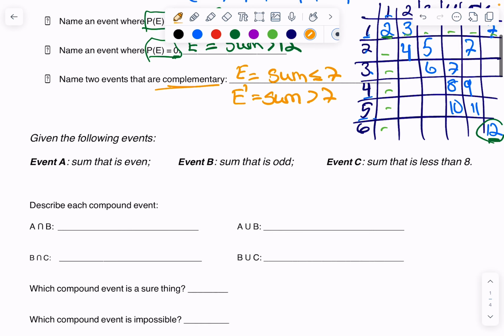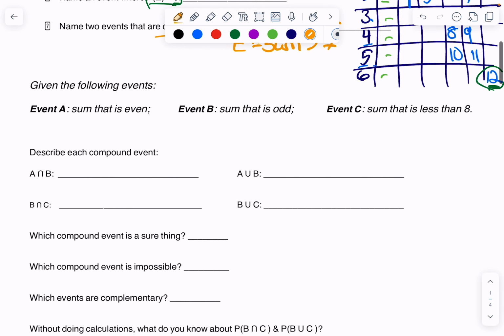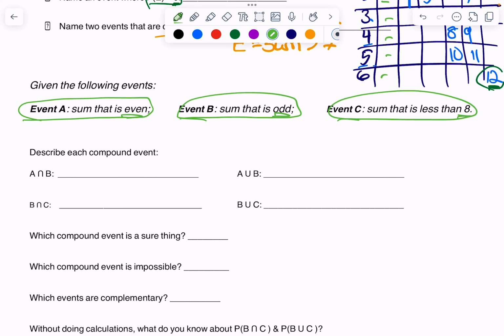Okay, let's move on. We've got the following events here. So we have event A, sum that is even, event B, sum that is odd, and event C, sum that is less than 8. So we're still using those two dice here. Now we're going to describe each compound event.